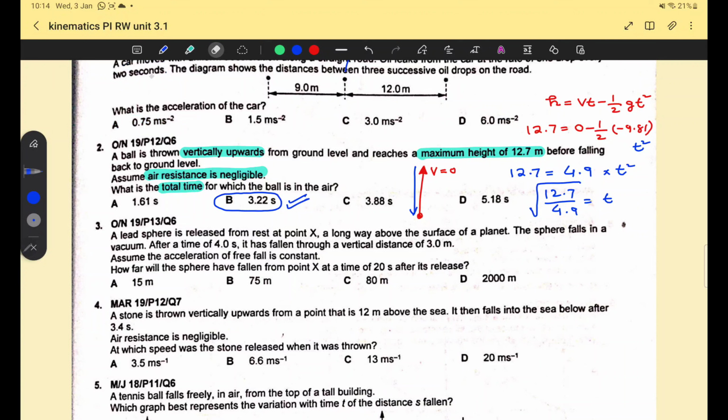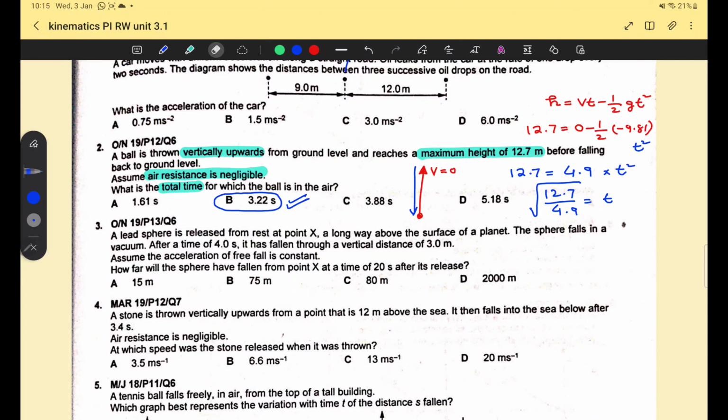In this question we have to calculate time and we are given height. So I taught you in the last class, when height and time are given, then we use the second equation. If time is not considered, then we use the third equation. If height is not important, then we use the first equation. So we have three equations and the same concept which we used in the last class.